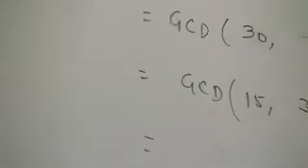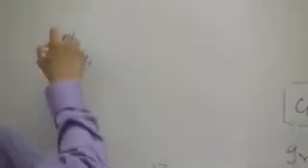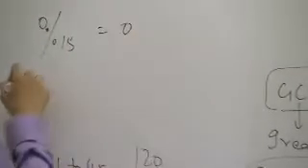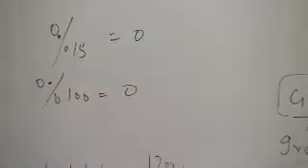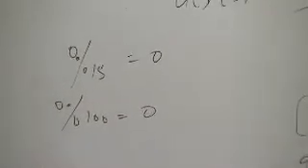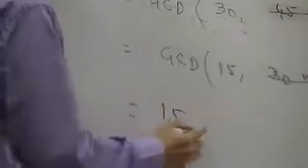0 divided by any integer, the remainder is 0, right? 0 divided by 15, the remainder is 0. 0 divided by 100, the remainder is 0. So the GCD of 15 comma 0 is what? 15, the greatest number.